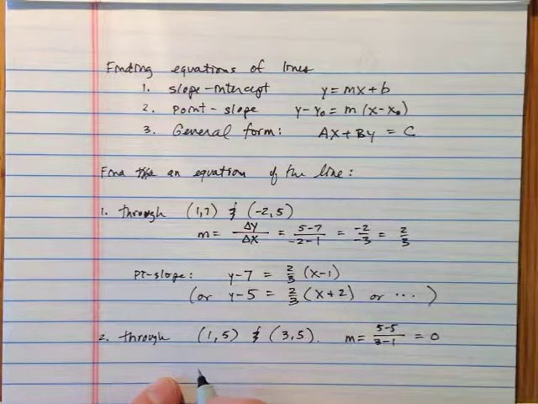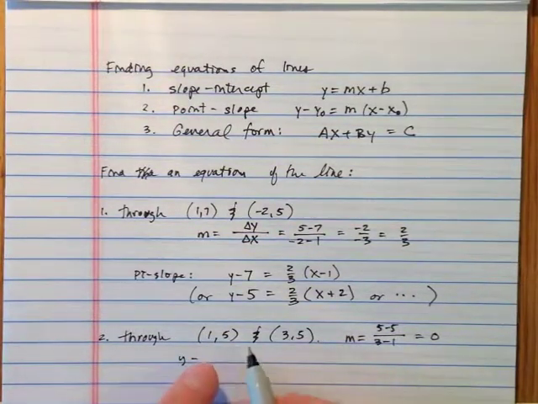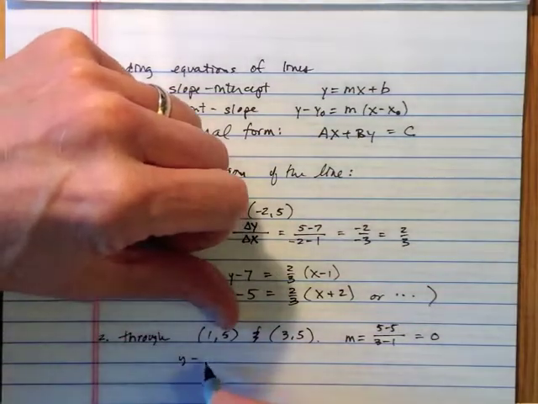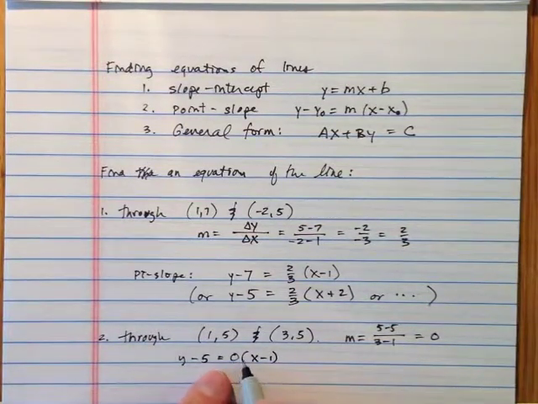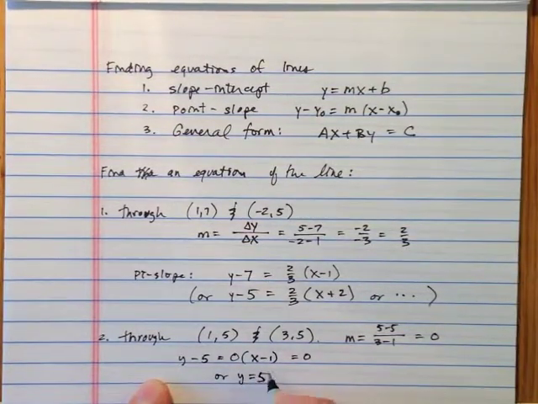So it looks really simple. I'll use point slope form again, with this point. Y minus 5 is 0 times x minus 1. But 0 times x minus 1 is just 0. The equation is y minus 5 equals 0, or y equals 5.